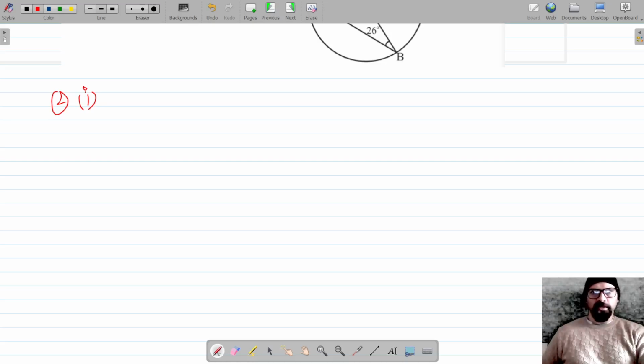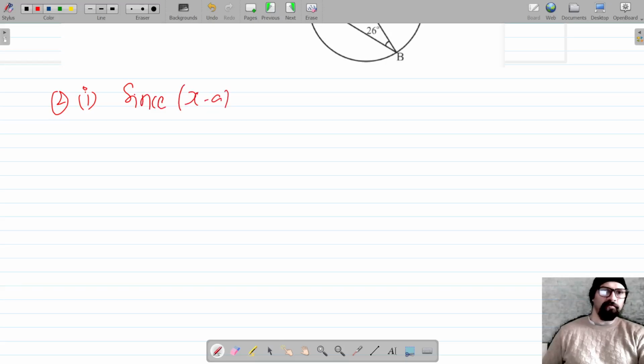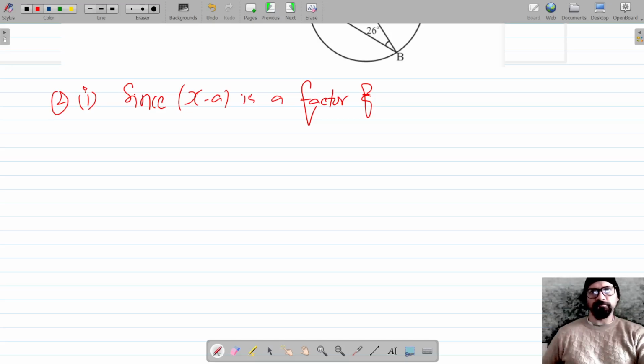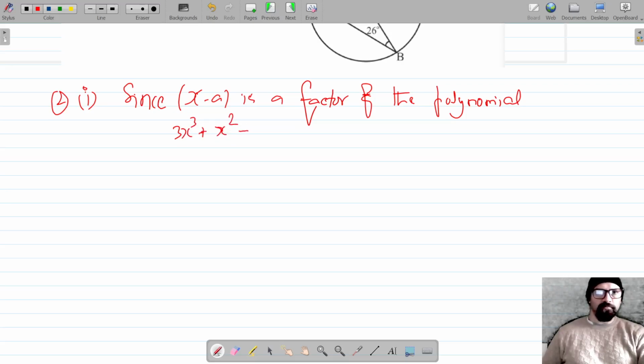Let's begin how we write this. Since x minus a is a factor of the polynomial, and the polynomial is 3x cubed plus x squared minus ax minus 81.